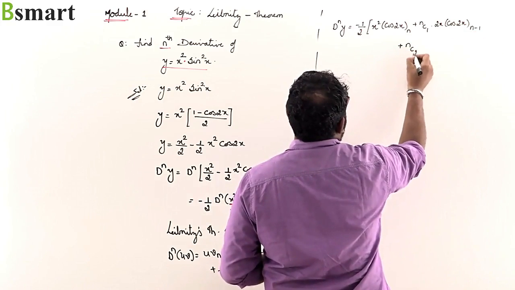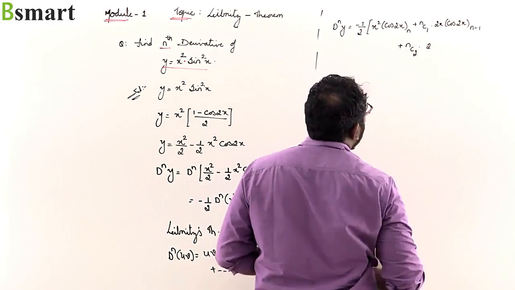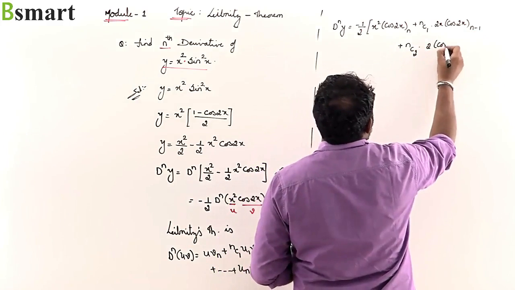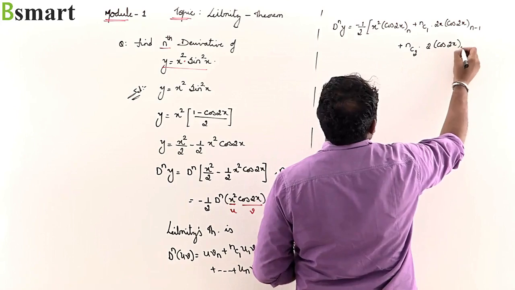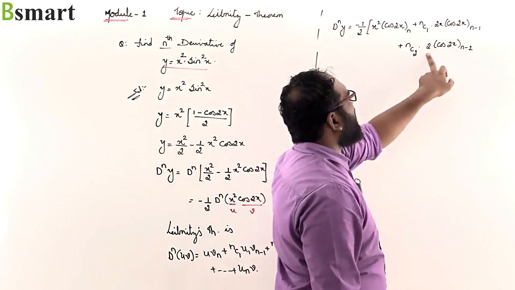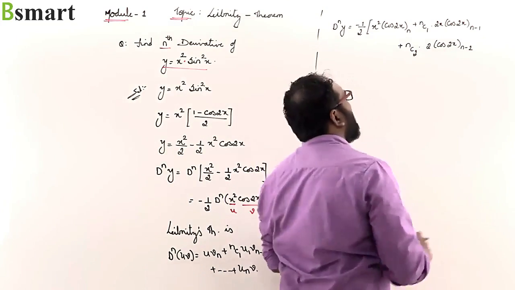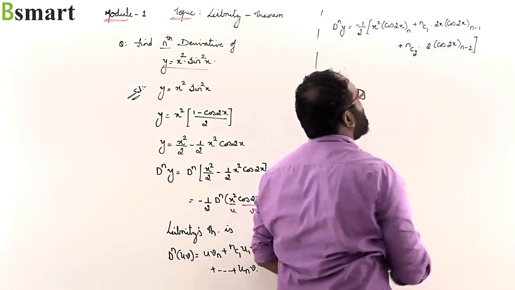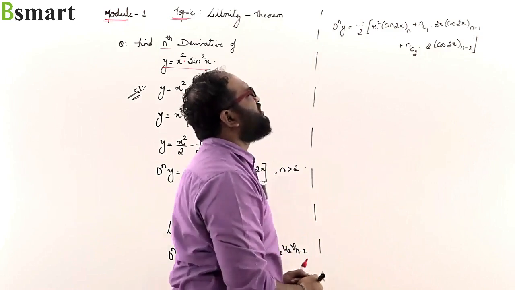plus nC2 into the derivative of 2x, which is 2, into the (n−2)th derivative of cos 2x. Now the derivative of 2 will be 0, so the remaining terms will be 0. So we get only up to the (n−2)th derivative of cos 2x.